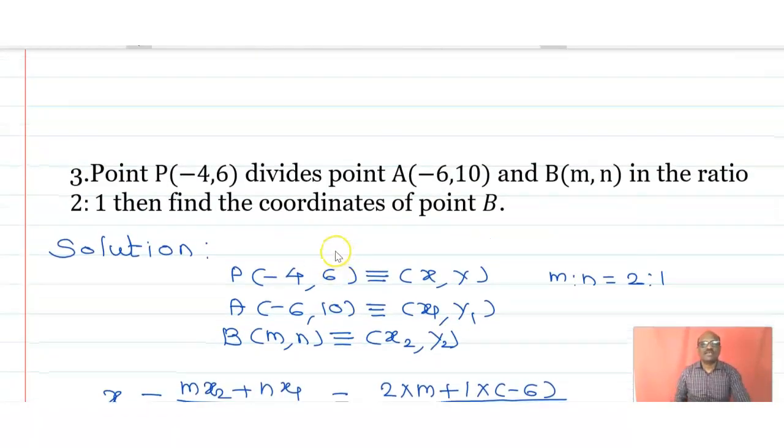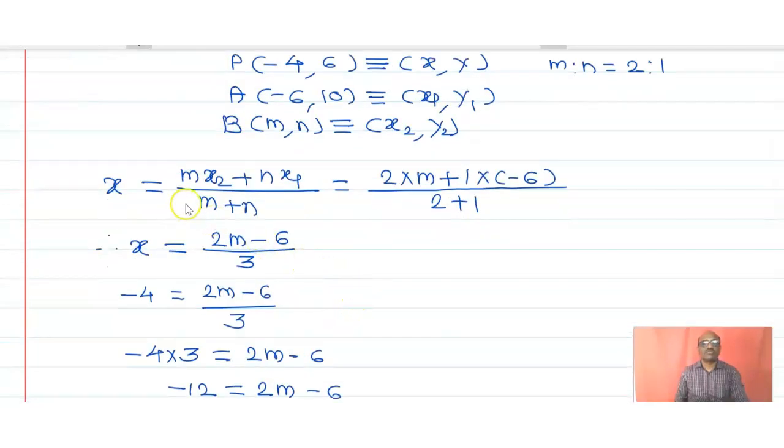Once again, we'll check here. P is minus 4 and 6. Okay, A is minus 6 and 10. Okay, the ratio is 2:1. Therefore, x is equal to m x2 plus n x1 upon m plus n. That is 2m plus 1 into minus 6, upon 2 plus 1, 2m minus 6 upon 3. The x coordinate is minus 4.